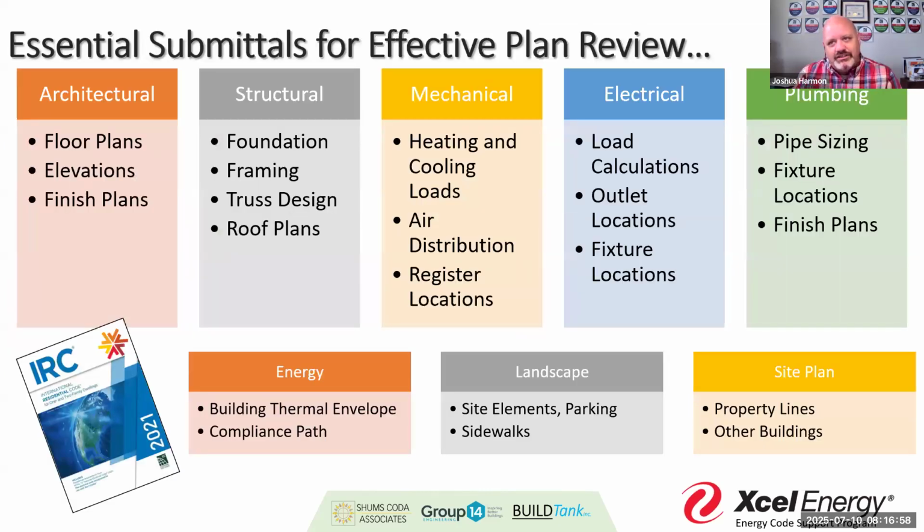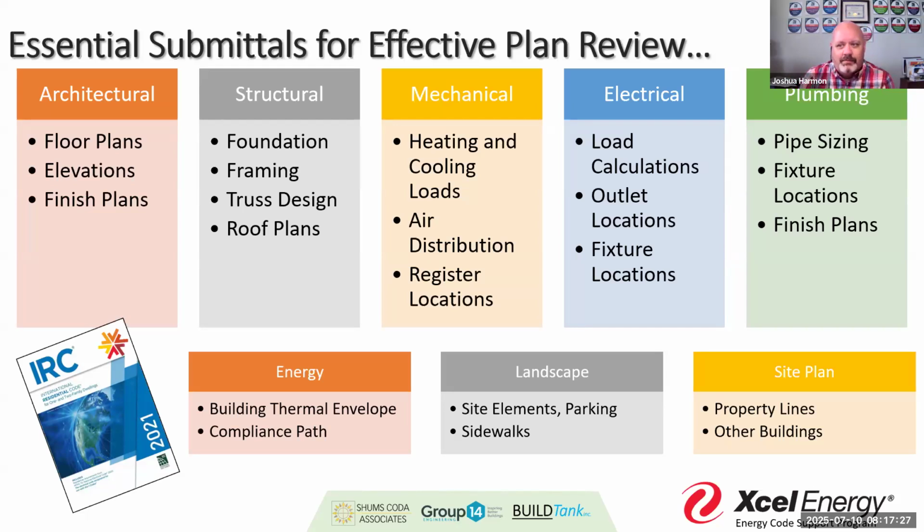And so there is some essential information that we're going to want for an effective plan review, right? We've talked about this before. You know how I am about my Hunt for Red October story. If we get the right plan, we can build the right building. There are going to be a variety of different systems that are generally part of a building, right? We understand we're going to need architectural drawings, structural drawings, mechanical drawings, electrical drawings, plumbing drawings, energy.